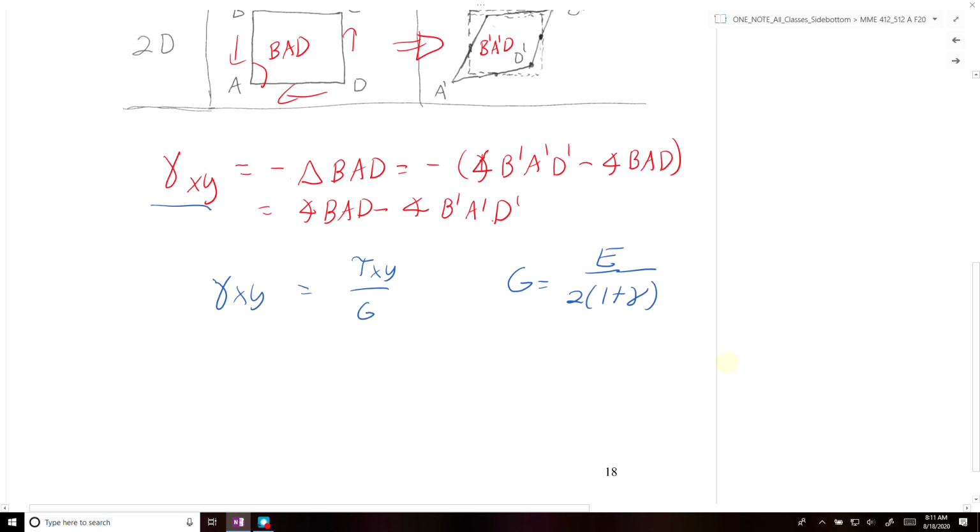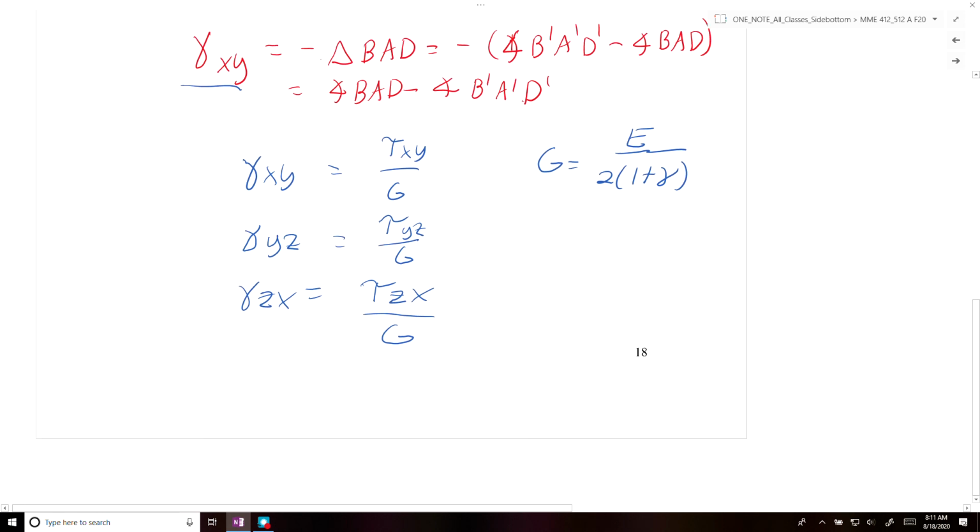And in a similar fashion for the other shear strains, gamma yz and gamma zx, those are going to be equal to tau yz over G, and gamma zx is going to be equal to tau zx over G.